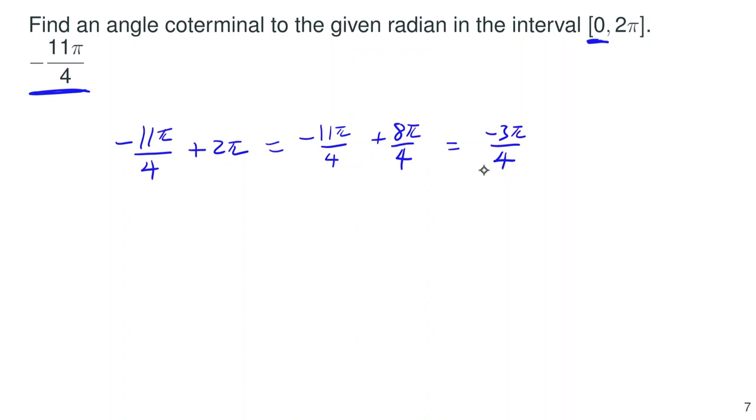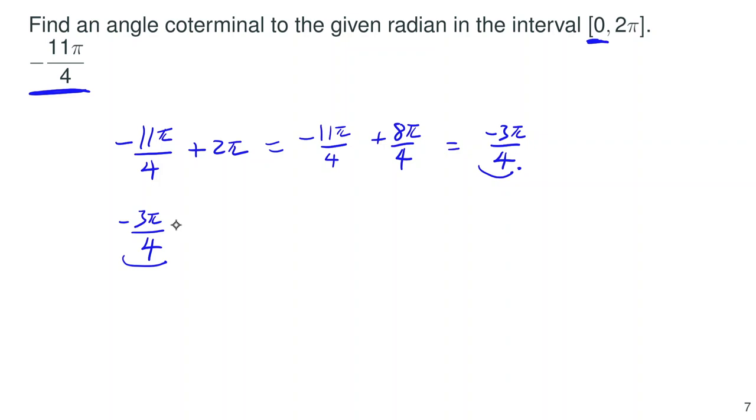Still a negative number. So from here, we're going to start a new line and add 2 pi again. We don't add 2 pi on the same line, because then we'd be claiming that this equals this, which is not true. So we start a new line, or separate work, showing how we got this.